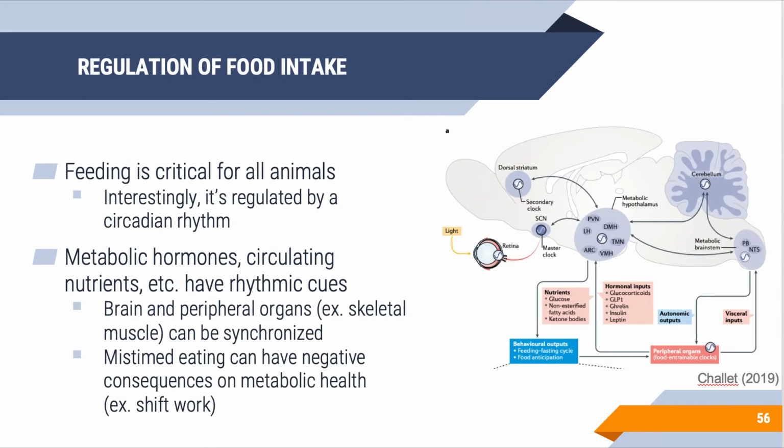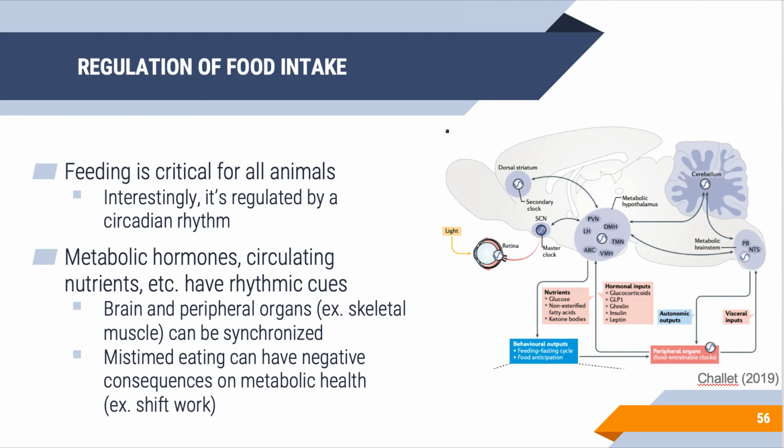So here I just want to show you that regulation of food intake follows a circadian rhythm. We know feeding is critical for animals. We obviously need to eat, and it's regulated by a circadian rhythm. So whether that is metabolic hormones, nutrients, etc., they all have rhythmic cues, meaning they rise and fall throughout a 24-hour period.